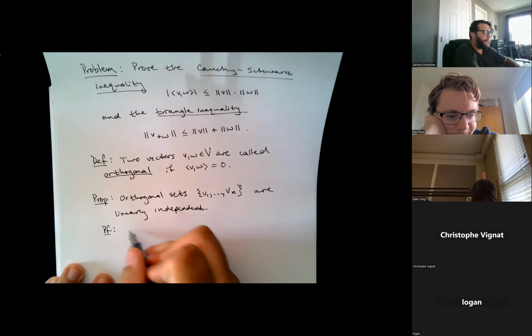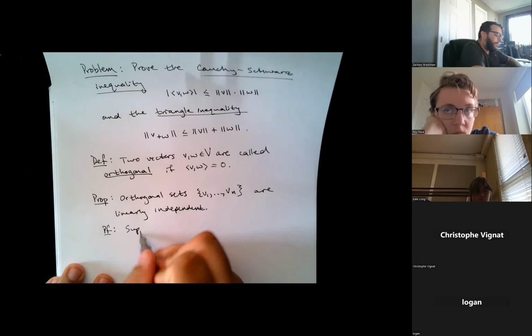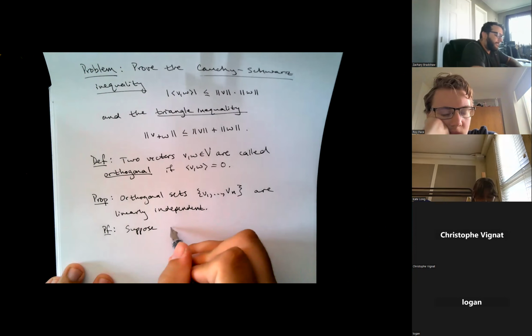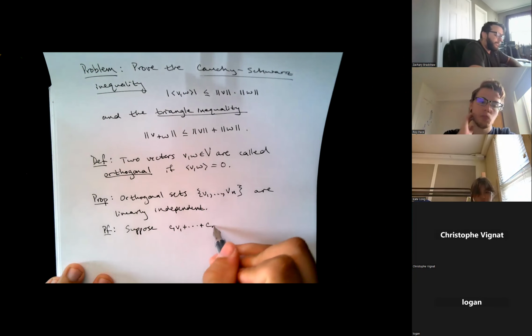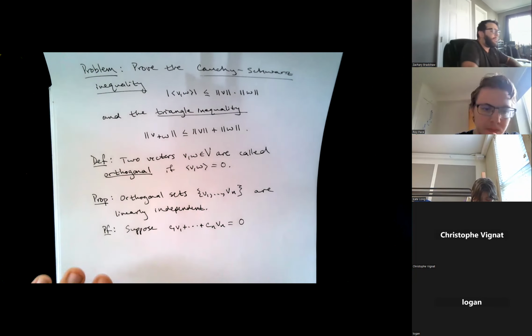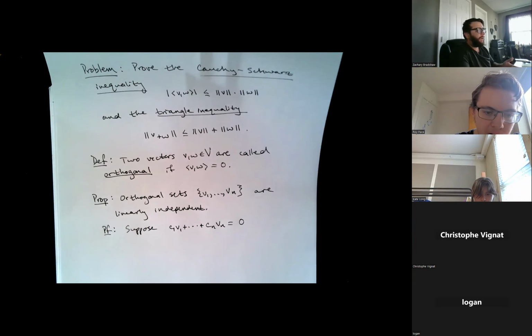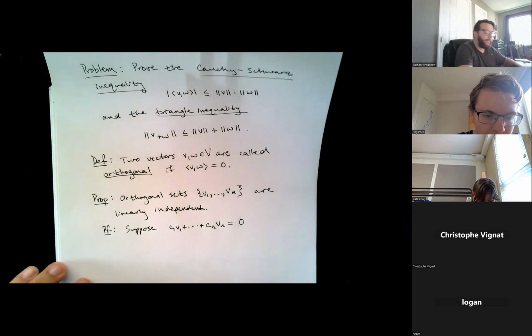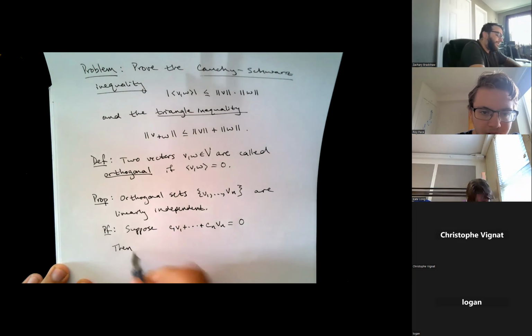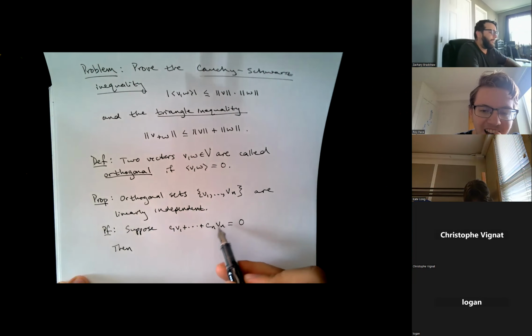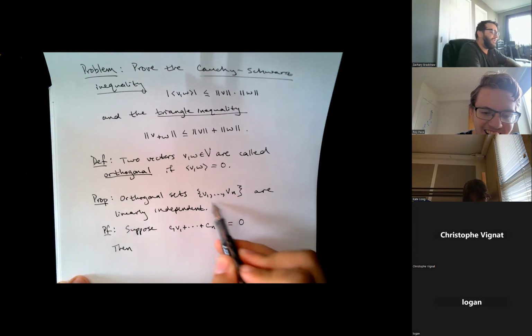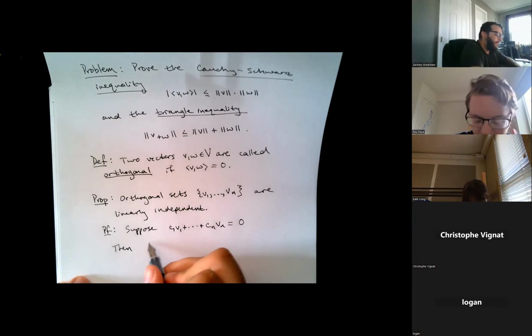So how do we show linear independence? Well, we suppose that we have a linear combination of the elements in our set, and it's equal to 0. What we have to do is show that c1 through cn are all 0. How do we do that? Well, we can take the inner product of both sides with an arbitrary vector in the set, let's call it vi.